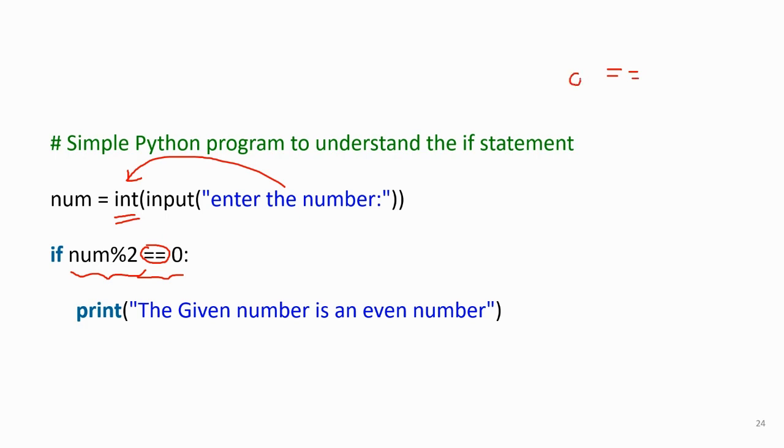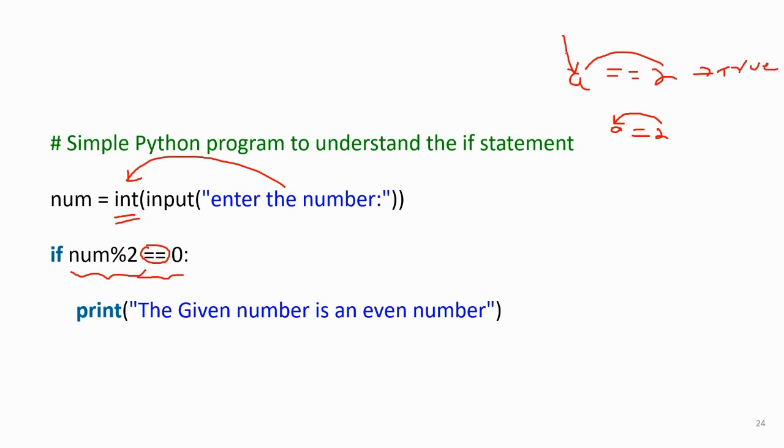That means a == 2 means whatever value is in a should be equal to 2. What is a = 2? This 2 I am assigning to a. Now what is a == 2? Whatever value we had in a should be equal to 2. Then only this condition evaluates to true.